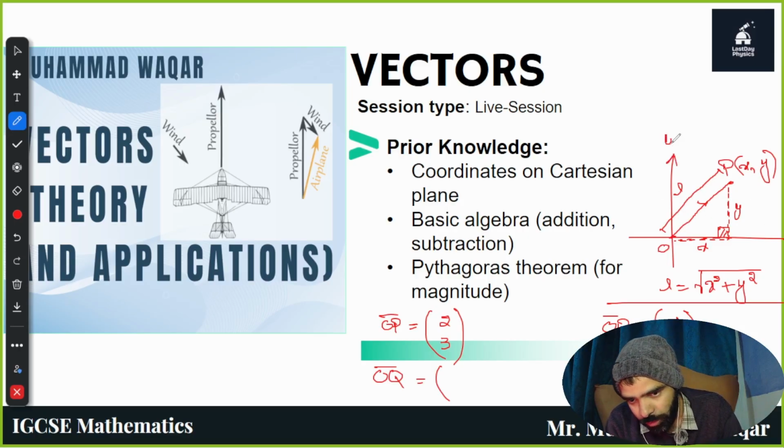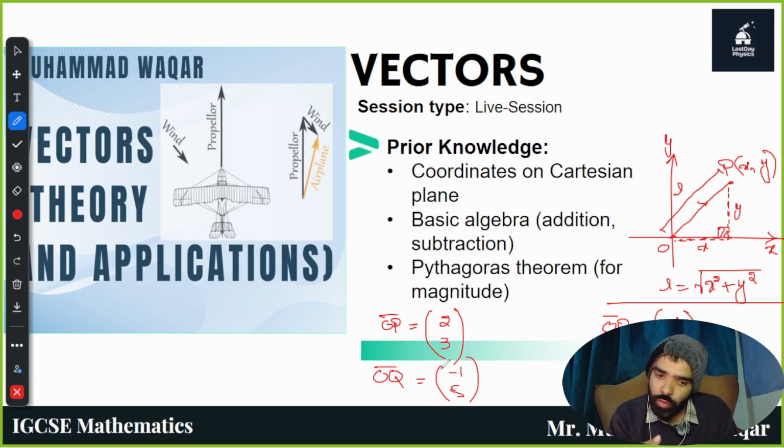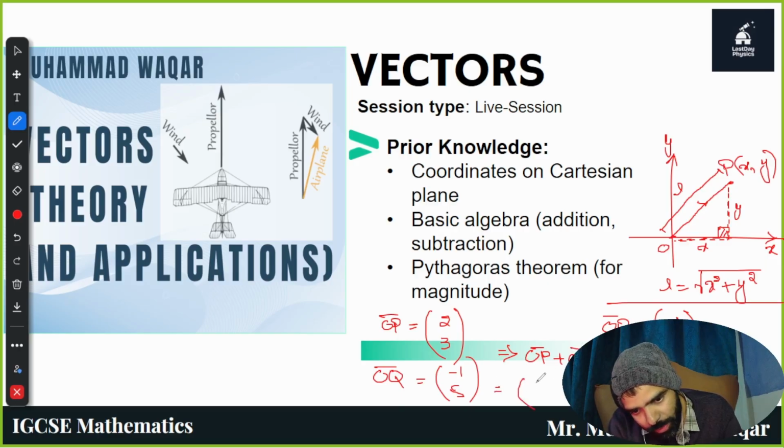It may have any coordinates, let's say -1 and 5, we can add these two vectors. We will write in the form of column. It would be OP plus OQ, 2 and 3 is OP, plus OQ is -1 and 5.